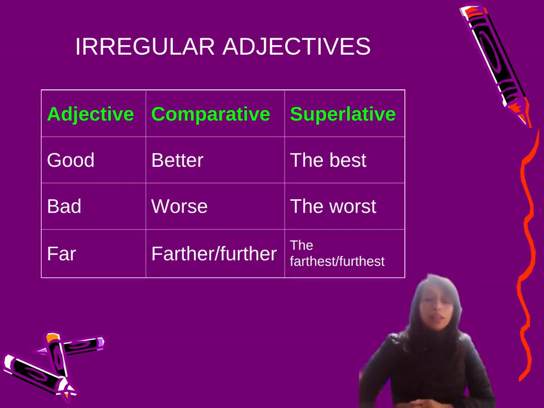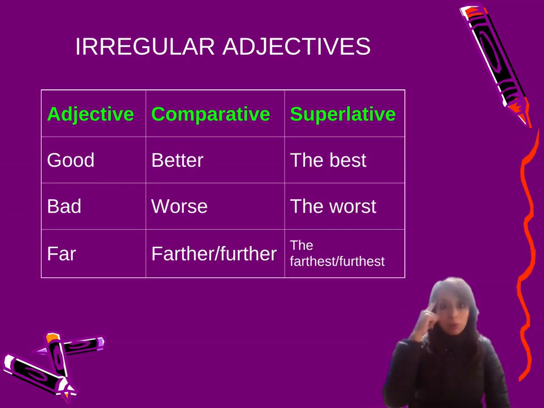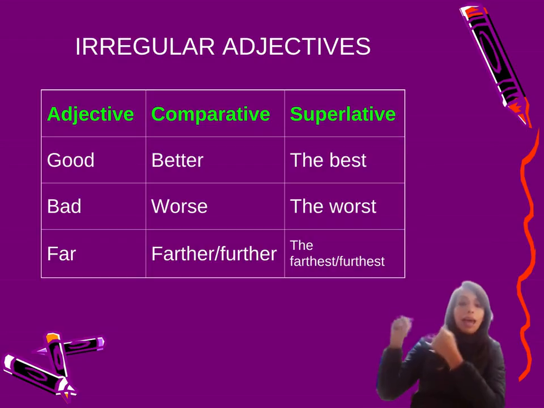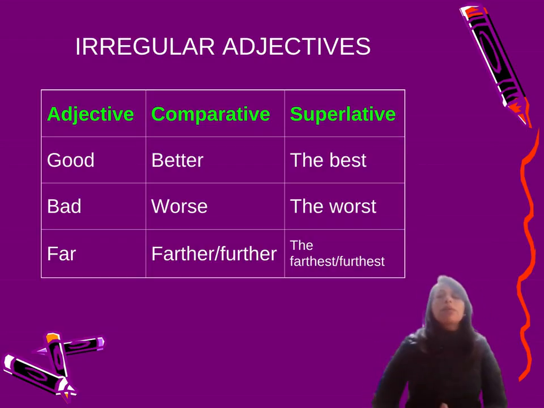The most important thing is that you have to memorize the irregular adjectives. Why? Because they change completely. So, for example, if the adjective is good, the comparative is better, and the superlative is the best. Bad, worse, the worst.